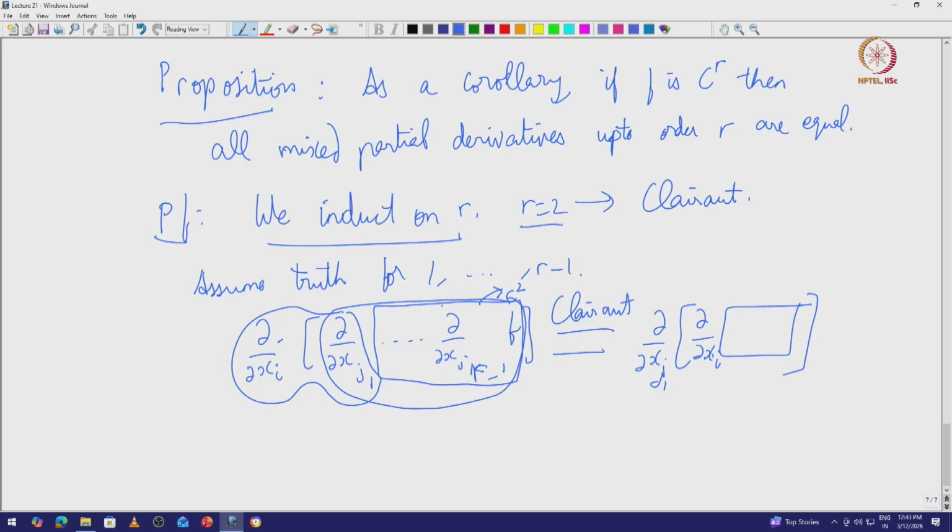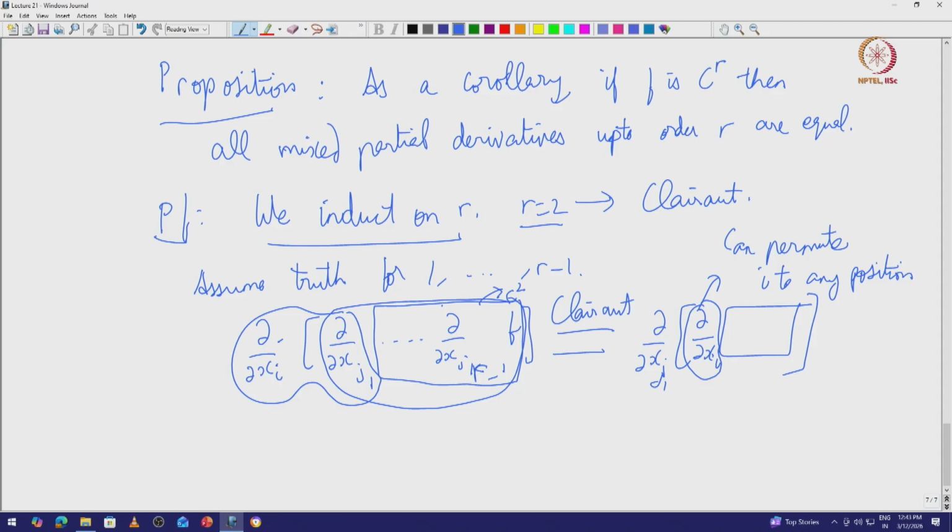Now the point is, you can take this d by dxi anywhere else inside. So you can permute i to any position in these partial derivatives.